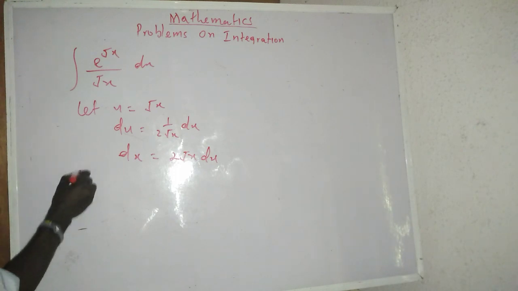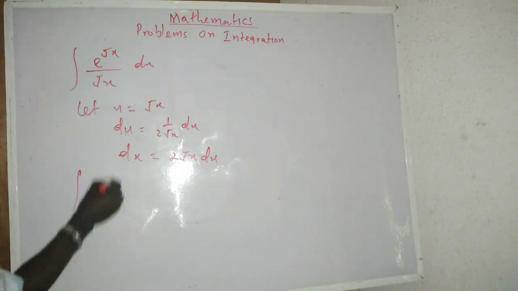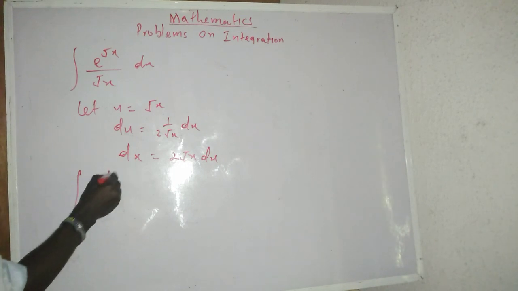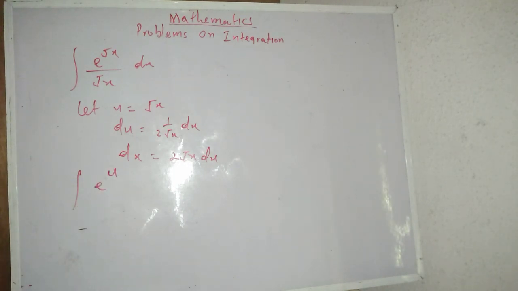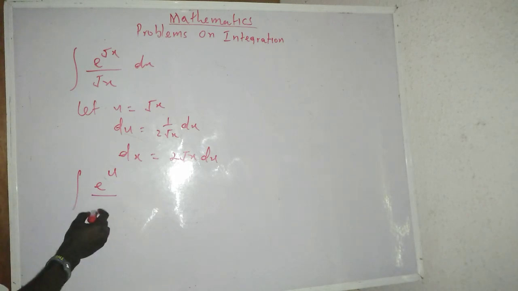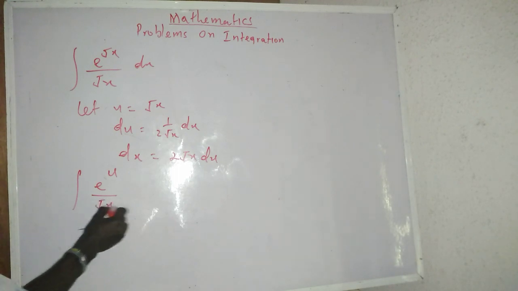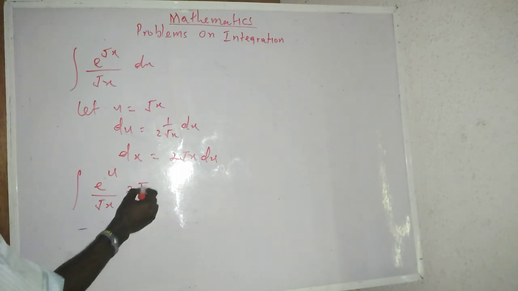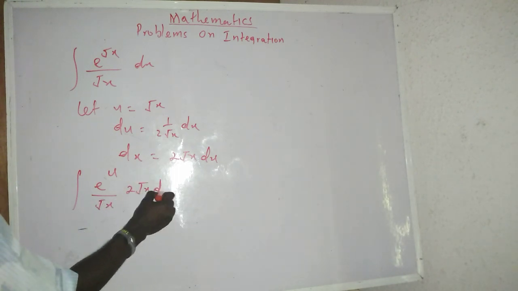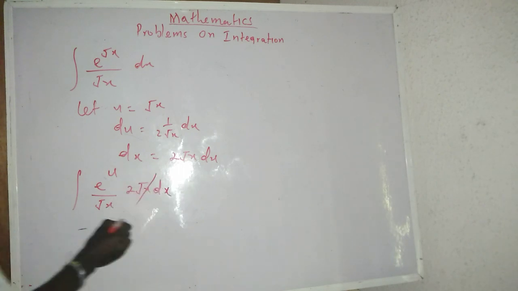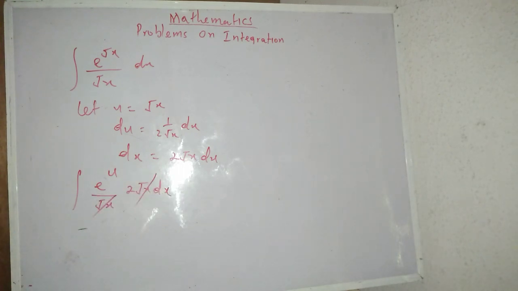I can answer that as the integral of e raised to power u, all over root of x, times 2 root of x du. This will cancel that.